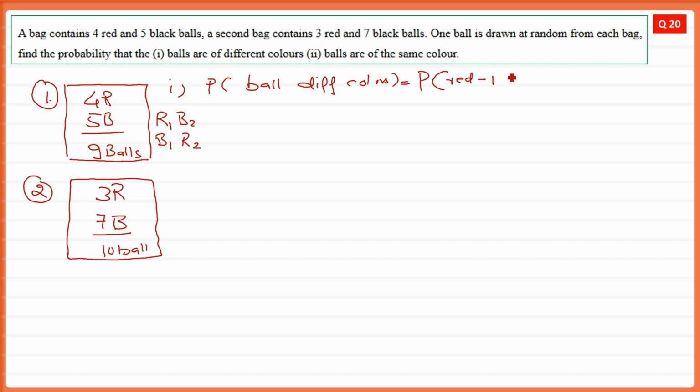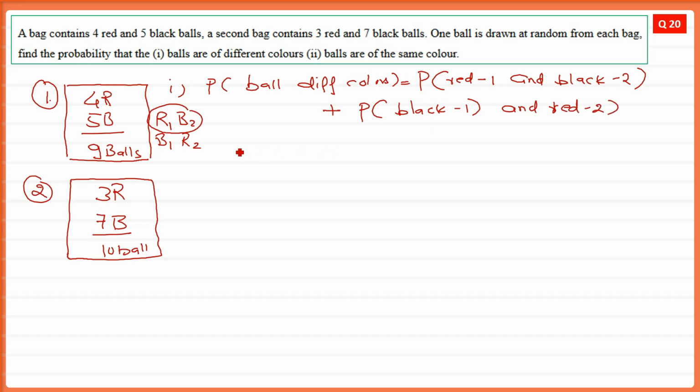Then we'll transform this probability into actual values. The first one will be the probability of getting a red from the first bag and black from the second bag. The second one I'm writing as the black from the first one and the red from the second one.